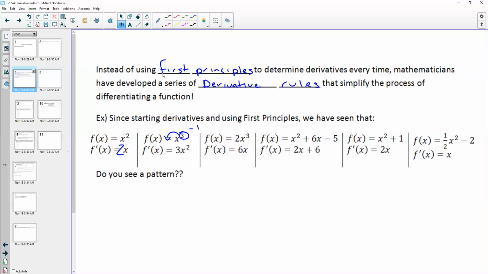Okay, so if f of x is x cubed, the derivative, or f prime of x, would be 3x squared. For f of x, we have 2x cubed. f prime of x would be 6x. Okay, and so on and so forth. So we do see a pattern, and this is going to be considered the power rule. Okay, so hopefully you guys are able to see a pattern there.